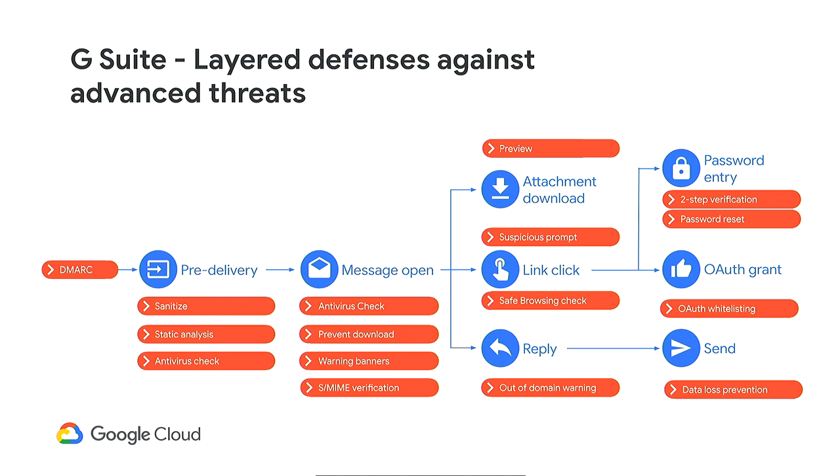One of the differentiators of G Suite is the breadth. We have 1.5 billion users, and they report feedback, and we have a very large number of users on Chrome as well.